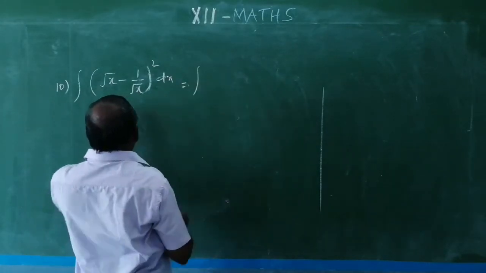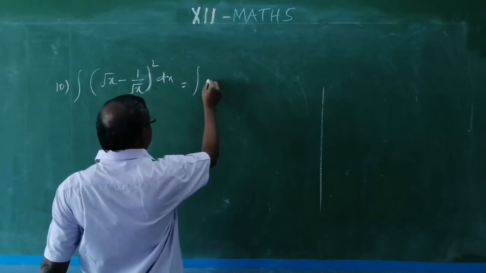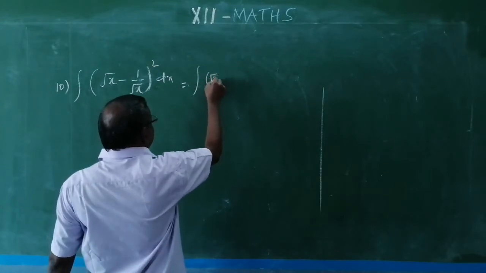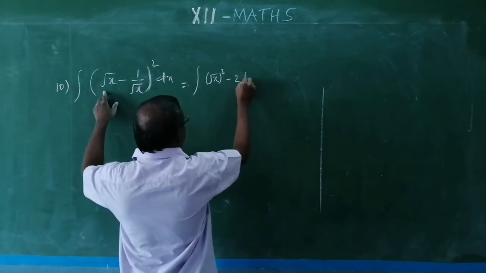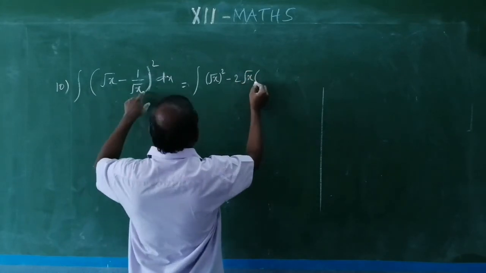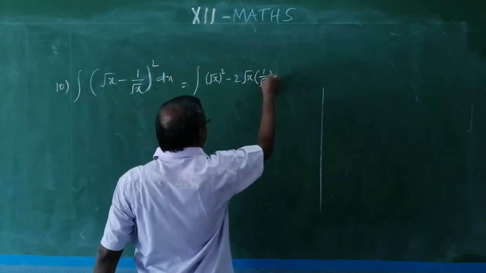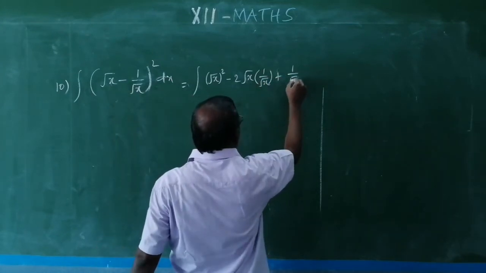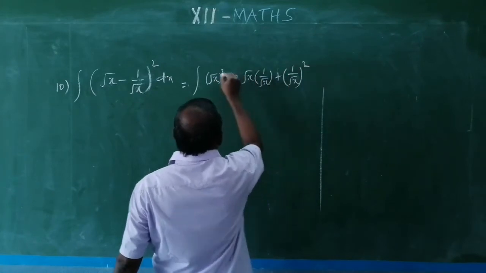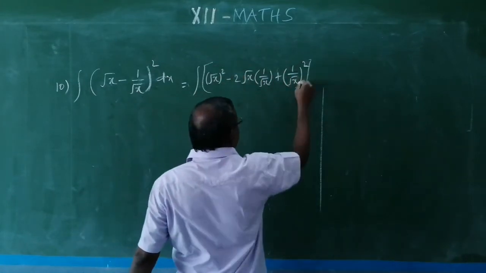This is in the form of (a minus b) whole square, so that is a square minus 2ab plus b square. Here a square is (root x) whole square, which equals x; 2ab is 2 into root x into 1 by root x, which is 2; plus (1 by root x) whole square, which is 1 by x, into dx.